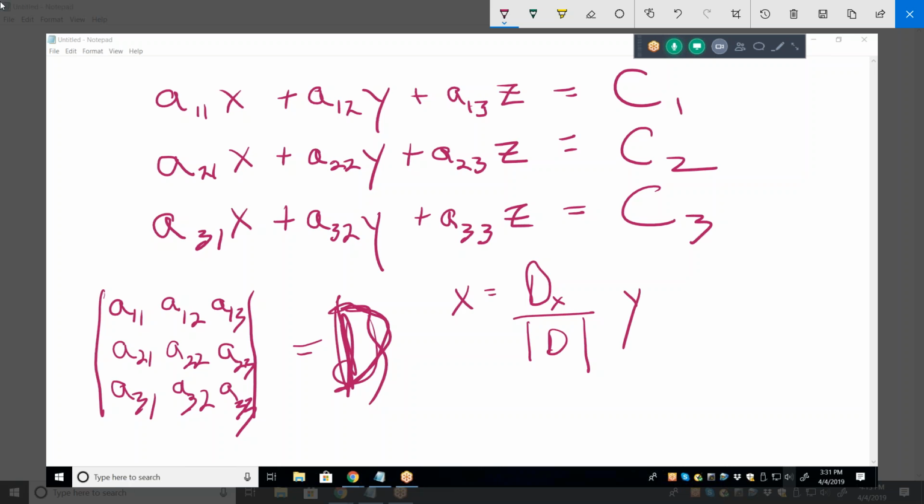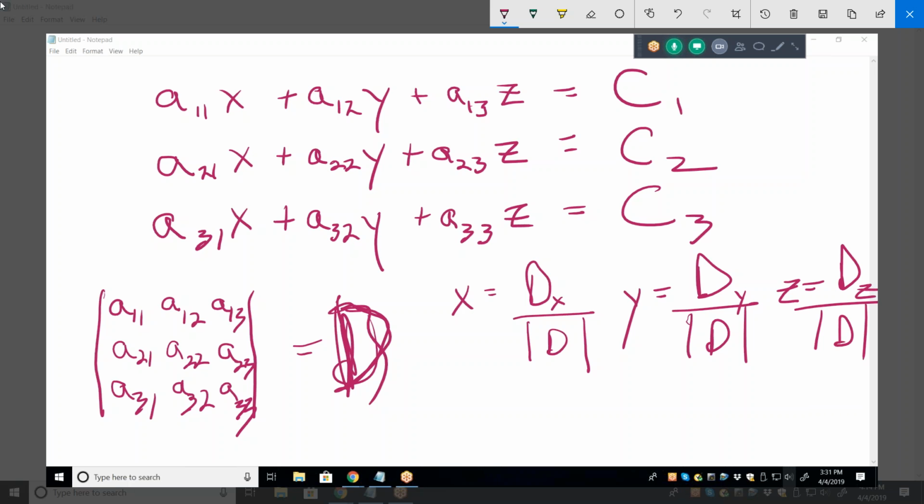Y is going to be the determinant of everything except the y variables divided by the determinant of the left side, and z is going to be the determinant of everything except z divided by that same determinant. The order matters here.